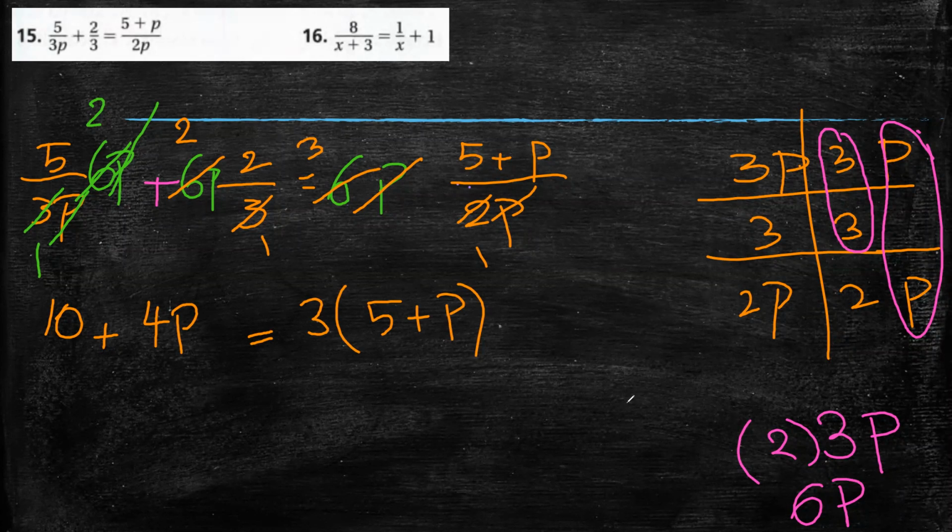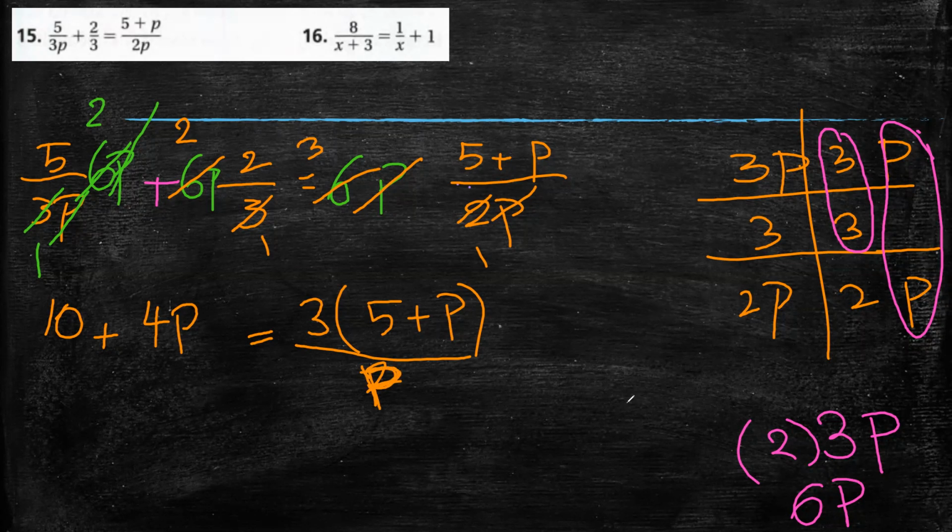Now see, if you have something left in the denominator, as an example, if there's no over 2 here, if it's like this or over p, that means you have something wrong.